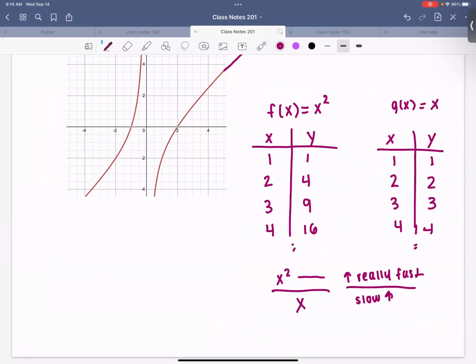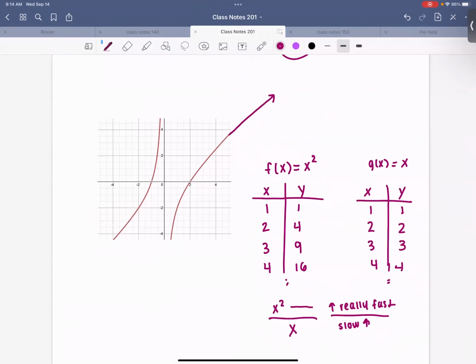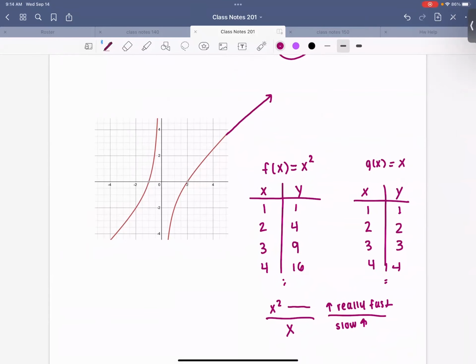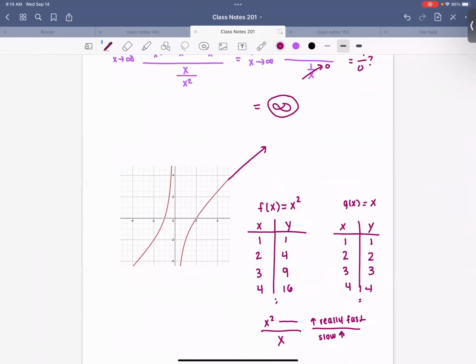If we take a look at long-term, really big x values and plug them into the function, we're going to get something extremely big on top and something big on the bottom, but not as extreme as the top. Because of this, we're going to get really, really large values as we go to higher values of x. And that's why we're going towards infinity.